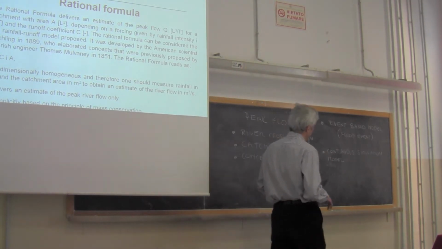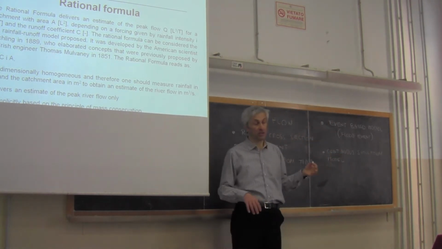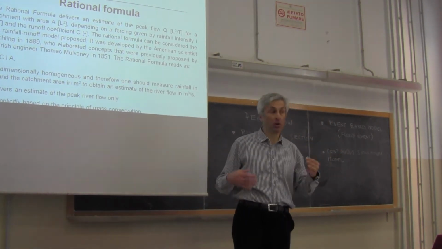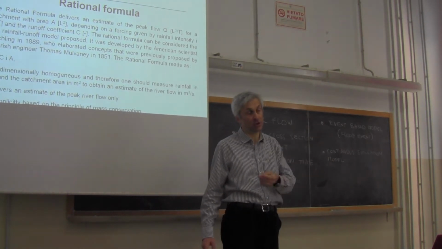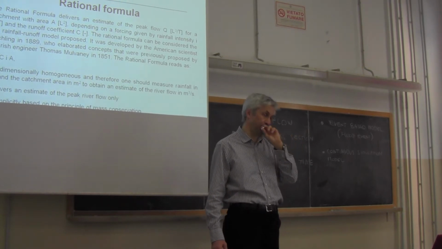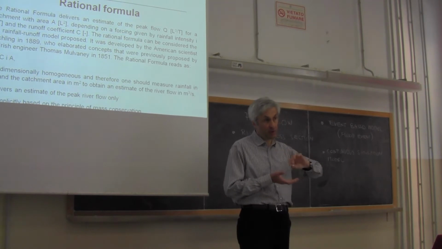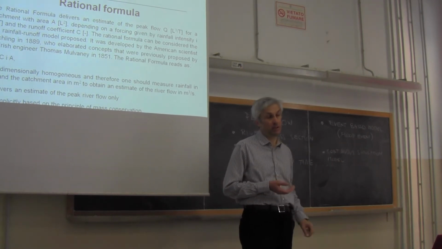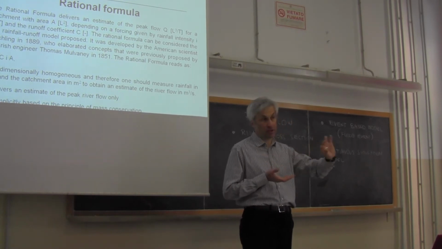I just wanted to say that there are other classifications of rainfall runoff models, and we don't need to know all of them. There are some examples of classification on my web pages. There is another classification that I want to mention to you because it's useful for paving the way to my next 40 minutes of lecture.